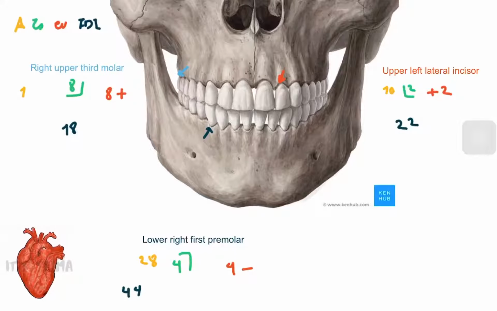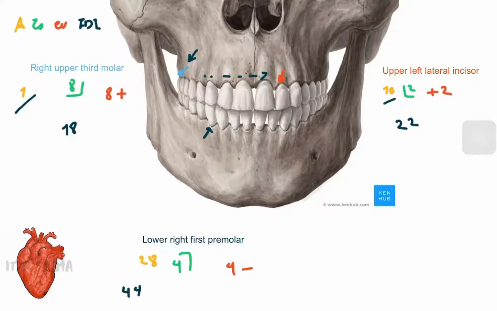Okay, as we know, these are the permanent teeth. We have 32. In the American system, if I want to name this upper third molar, we know that it's 1. The upper left incisor will be 10 because I counted this way.